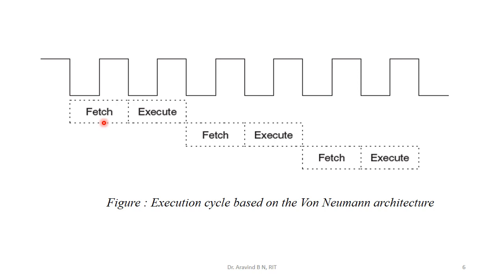That means some of the time will be wasted only in fetching and only in execution. Here we can observe that it makes use of around 6 cycles in order to execute 3 instructions. So this is a wastage of time that happens in von Neumann architecture.